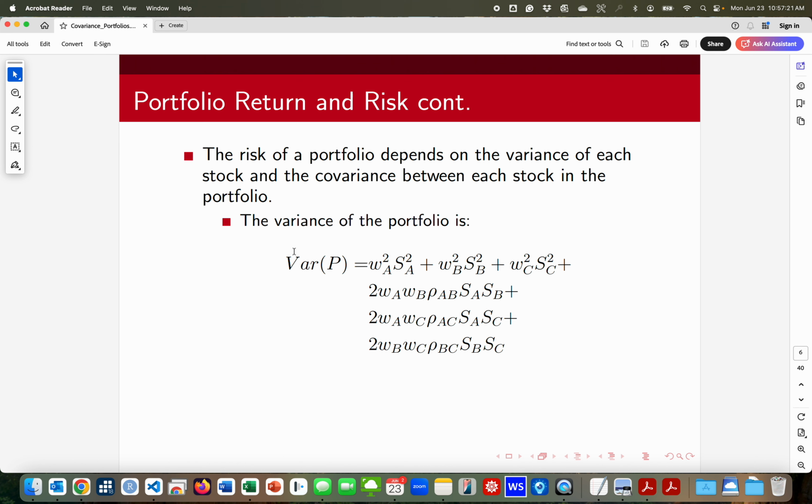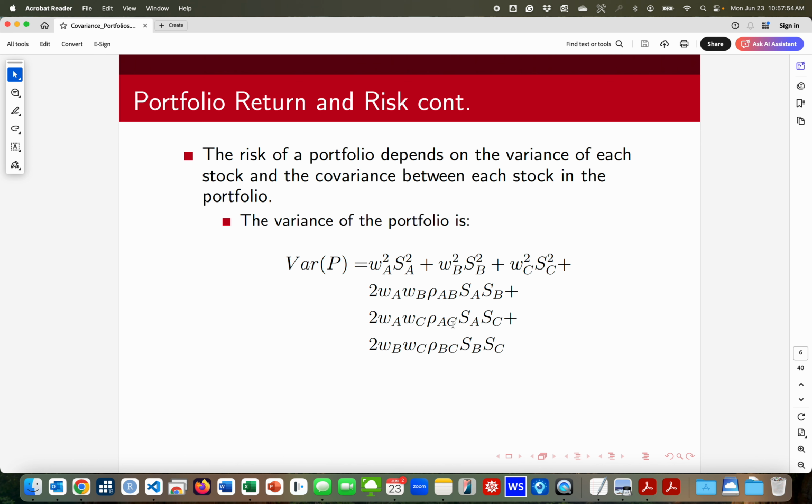We're going to have A and B, A and C, A and D, B and C, B and D, and then C and D. So if we have 3 stocks, we get 3 terms right here. If we have 4 stocks, we have 1, 2, 3, 4, 5, 6 terms. So these covariance terms are going to add up pretty quickly once we start increasing the number of stocks in the portfolio.